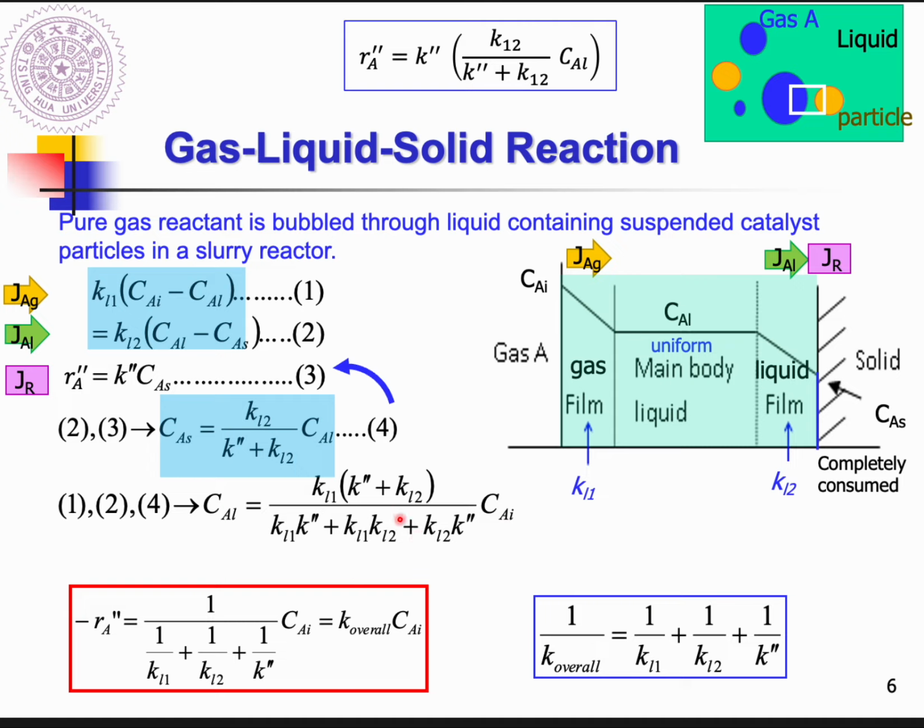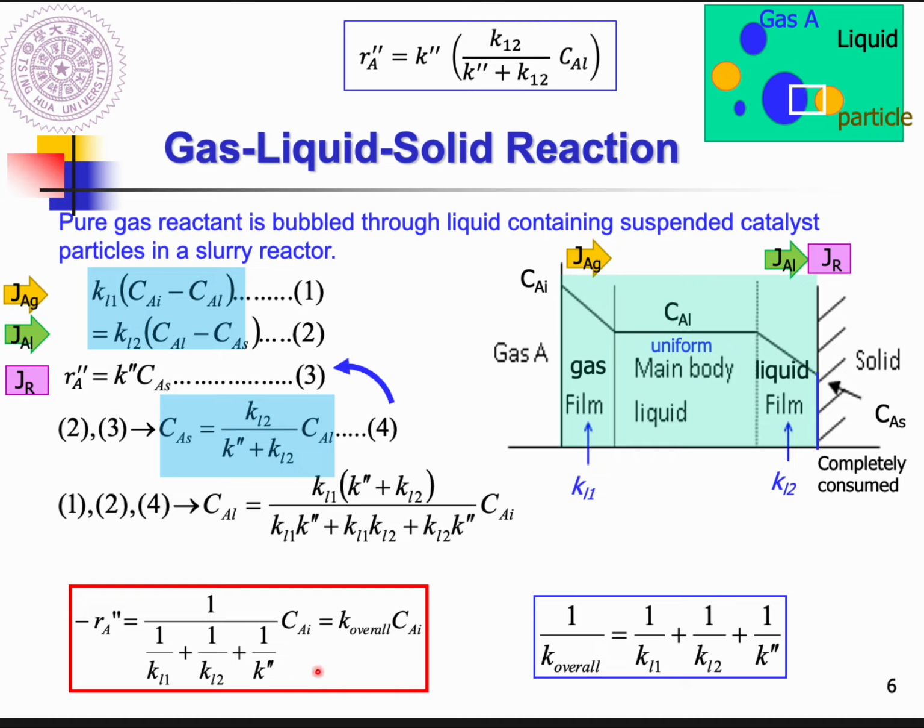Okay. So now you have this relationship. Let's rewrite these equations. K double prime CAS, you substitute here, and this term you substitute with this term. So after arrangement, you can get the consumption rate of reactant A like this.